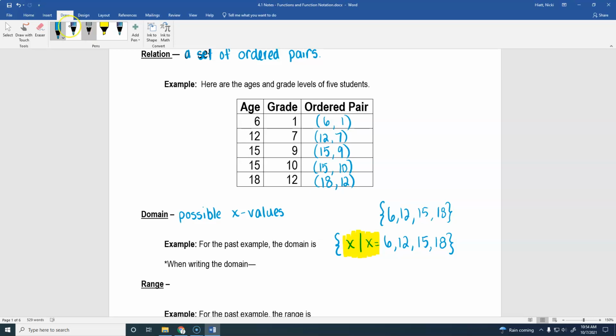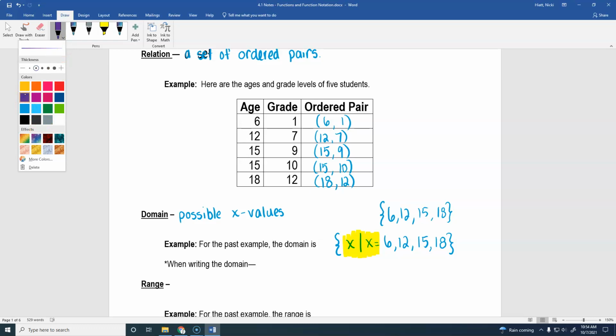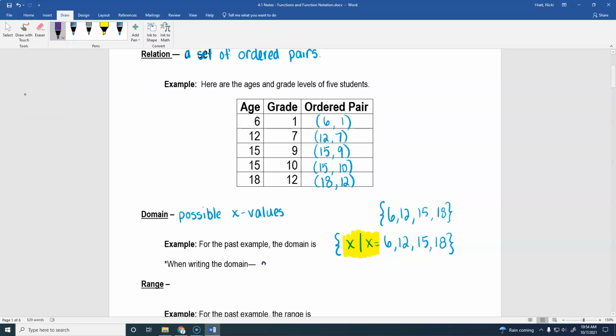And when writing the domain, do not list values twice. You've already seen this because I had 6, 12, 15, 15, and 18, but I just listed 6, 12, 15, and 18. I didn't list that 15 twice.